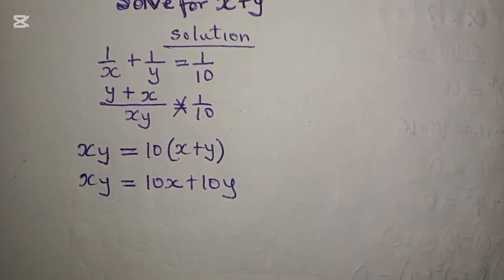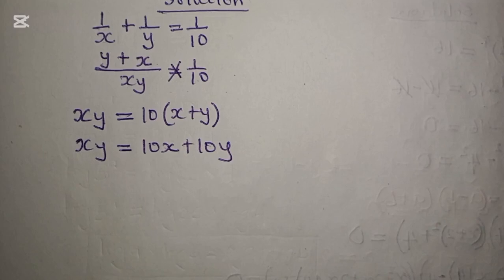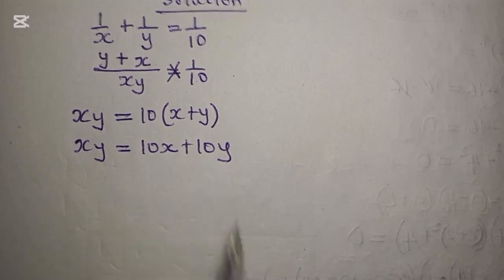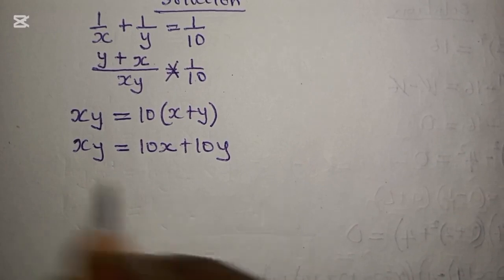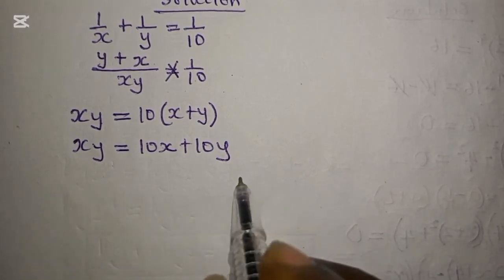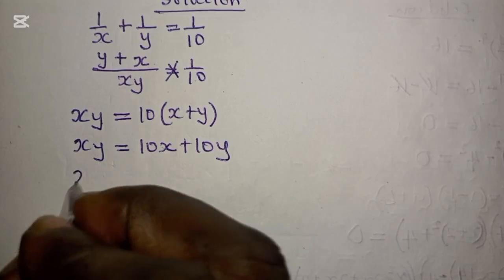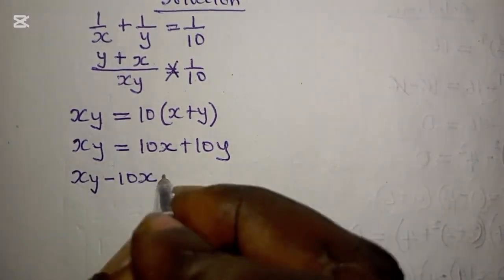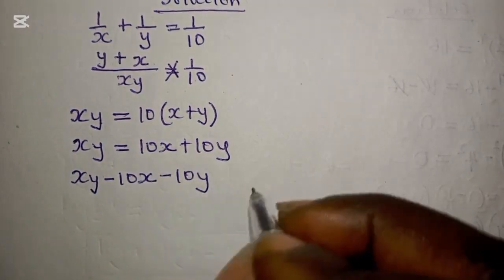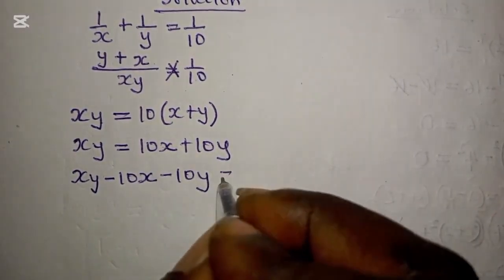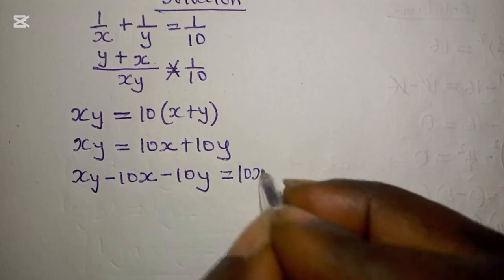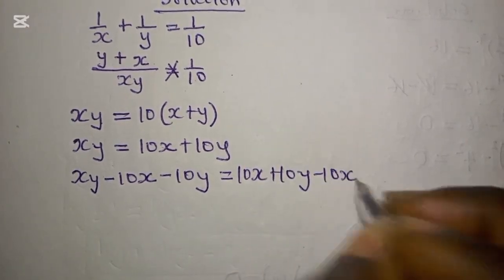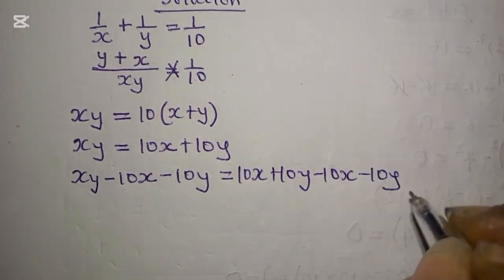So what do we do next here? Let's subtract 10x and 10y from both sides. So we are going to have xy minus 10x minus 10y equals 10x plus 10y minus 10x minus 10y.